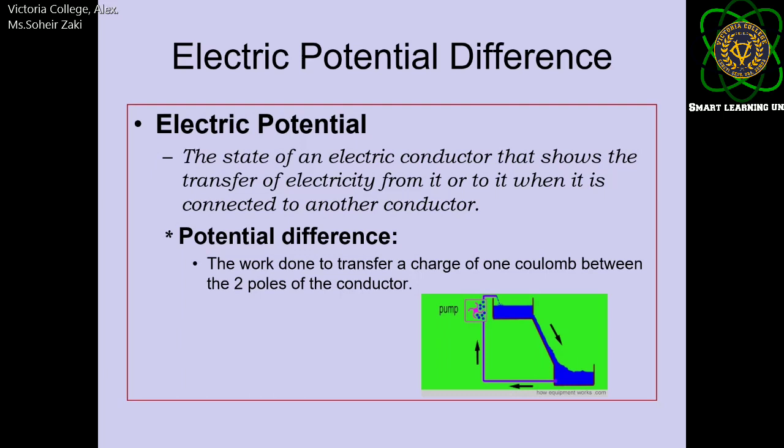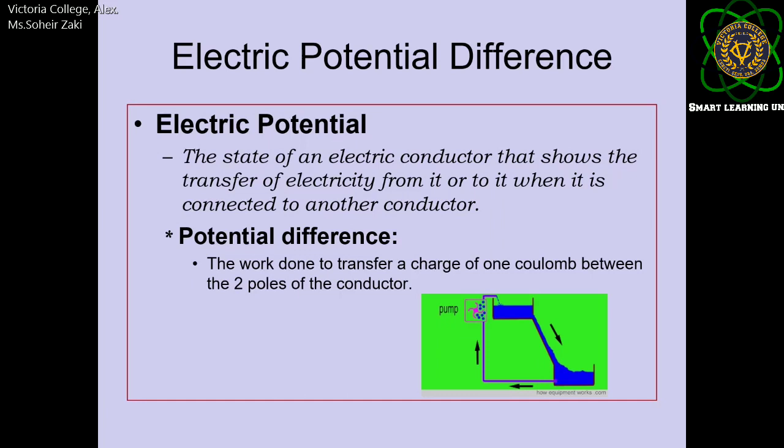To understand the potential difference, compare the flow of electric current to the flow of water in this figure. The high level of water is like the high potential, and the low level of water is like the low potential.